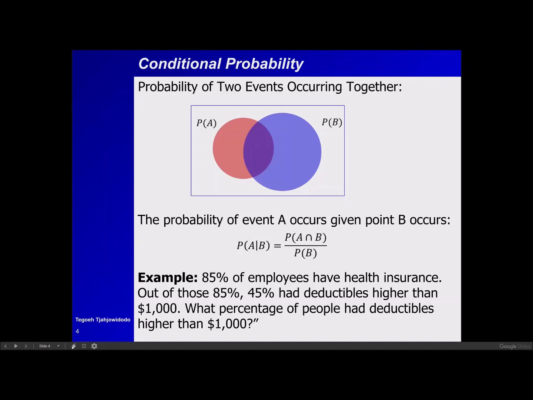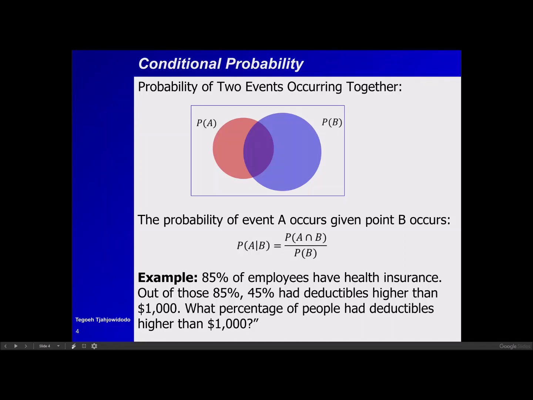Let's say the conditional probability of event A occurring given event B. As you can see in this equation in this slide, the probability of event A given event B will be equal to the probability of events A and B occurring at the same time divided by the probability of event B.